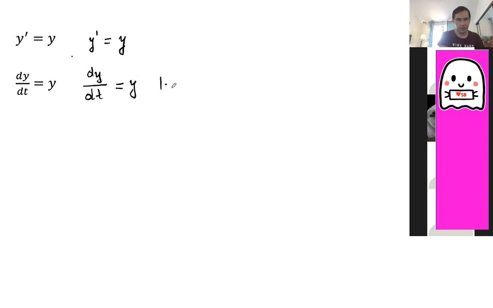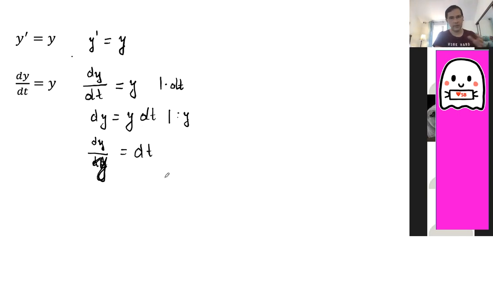When I multiply both sides by dt, on the left-hand side I get dy, and this is equal to y times dt. Then I want to separate the y's and the t's, so I'm going to divide both sides of this equation by y. That will give me dy divided by y equals dt.